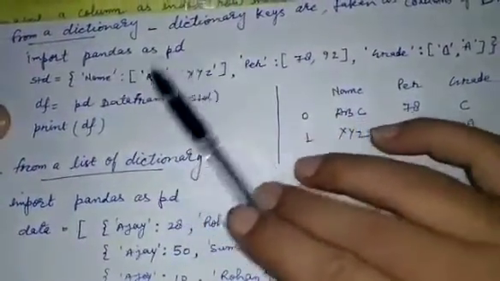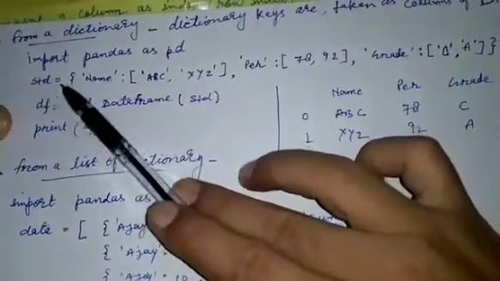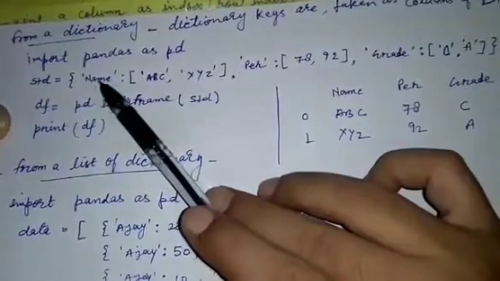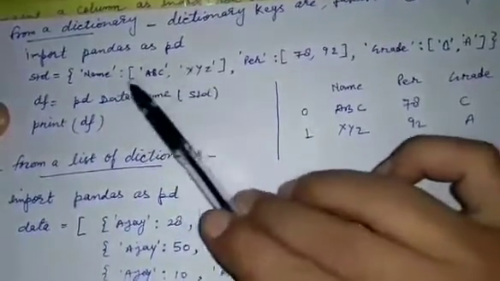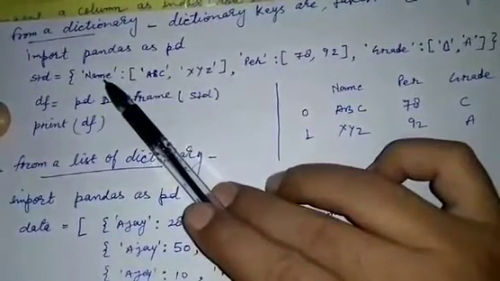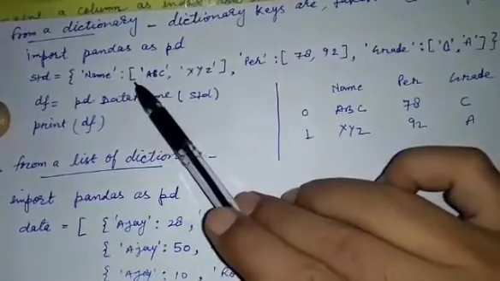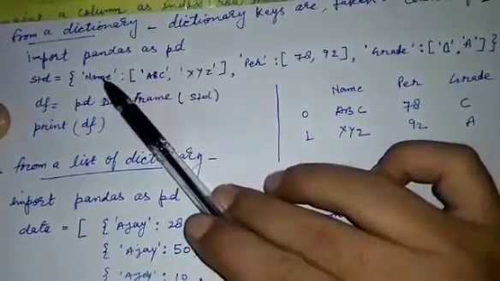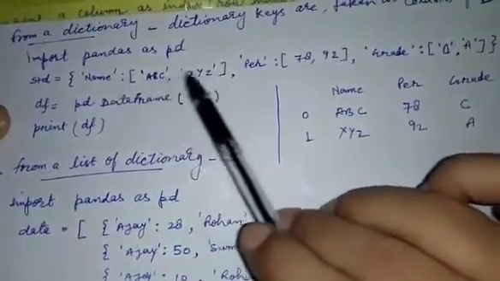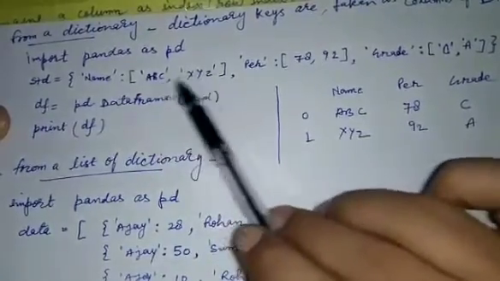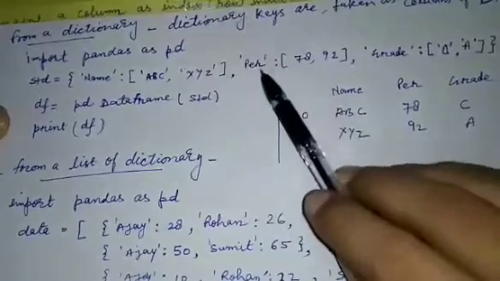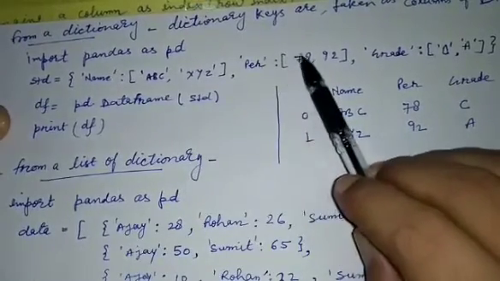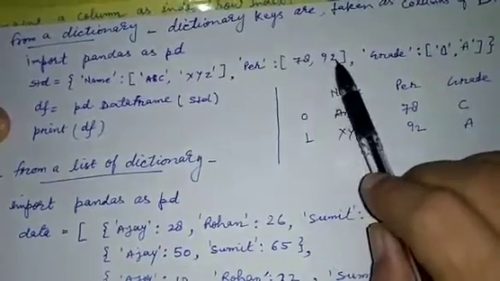Import pandas as pd. std is equal to a dictionary. Its first key-value pair: key is name, colon, and the value is again a list. So the key will work as the column and these will work as the values of that column. The second key is PER and values are 78, 92.